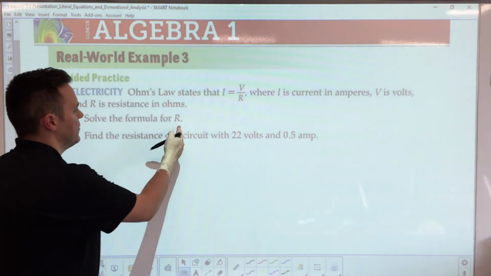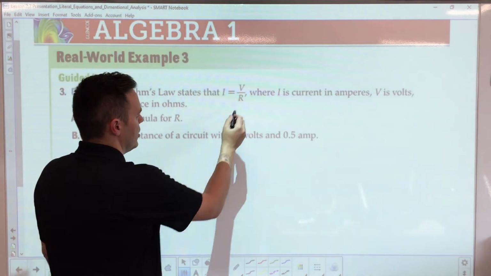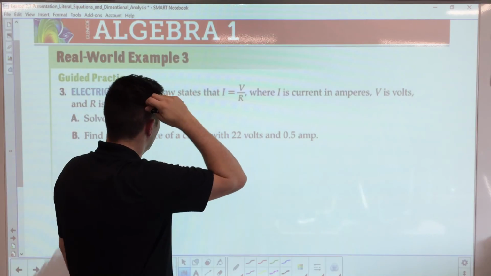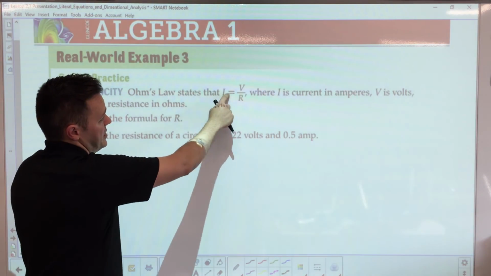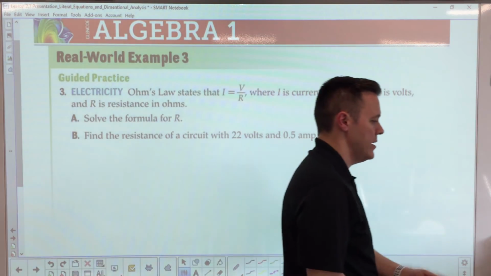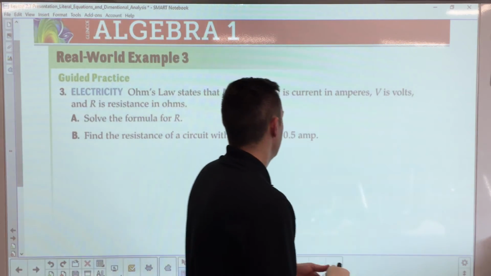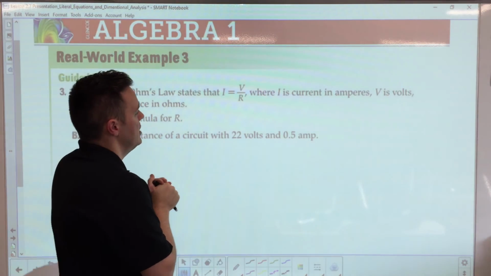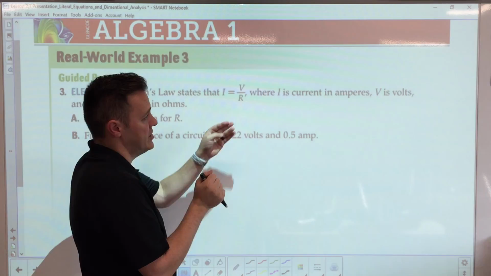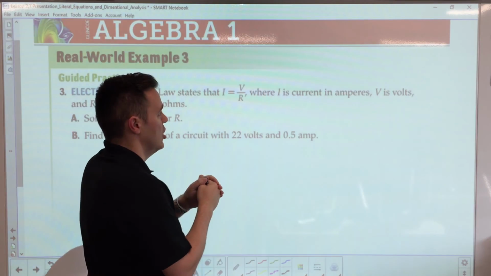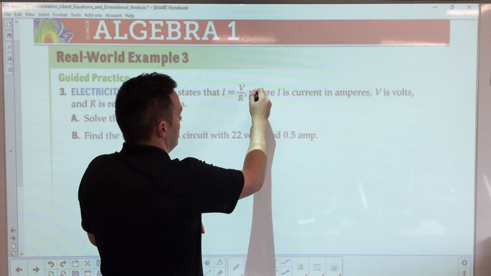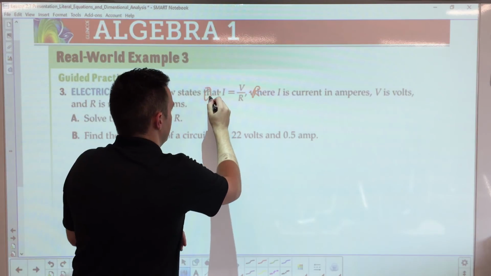All right, let's solve for R. Solving for R, you're going to do the same thing, right? On this one, what we have is the equation at the bottom, all right? At this point, you have to get the R out of the denominator. So how do you get it out? Multiply both sides by R, right?